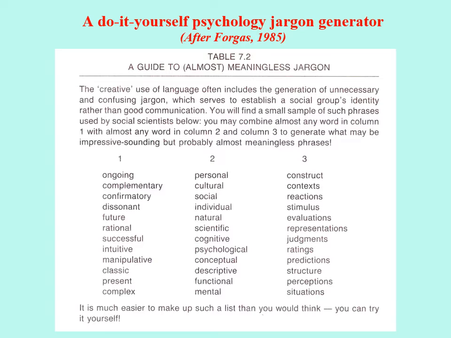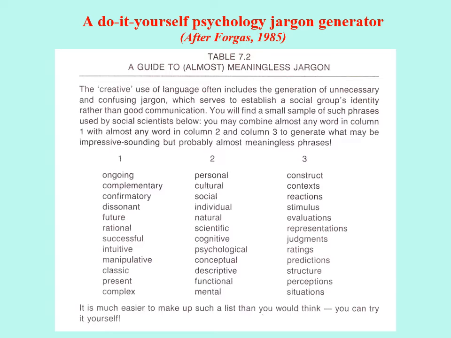Psychologists are also very fond of using jargon, and jargon can be created very easily simply by combining complicated words into different phrases. In this table, you see a guide to almost meaningless jargon.